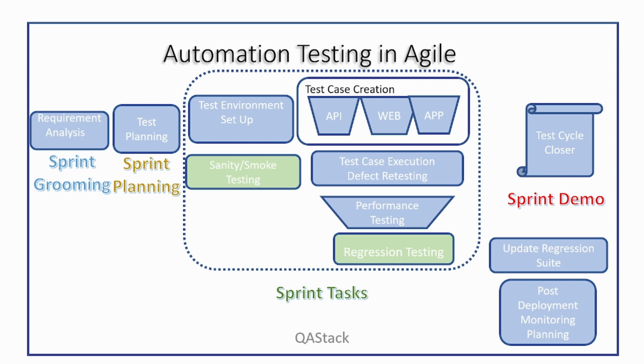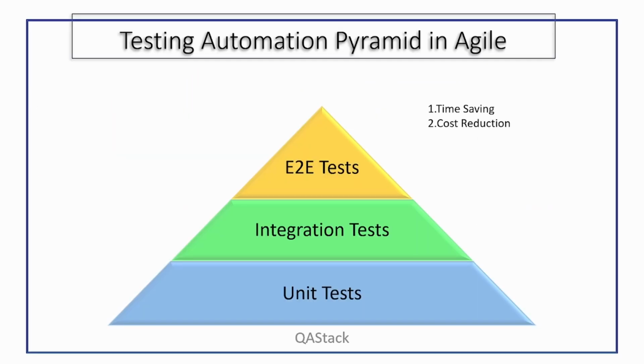Now, let's discuss the automation test case creation. So this is the test automation pyramid in agile. Ideally, unit test cases must be the largest suite. Unit tests will be written using mock services to test each service individually.